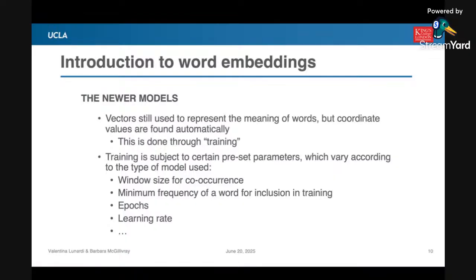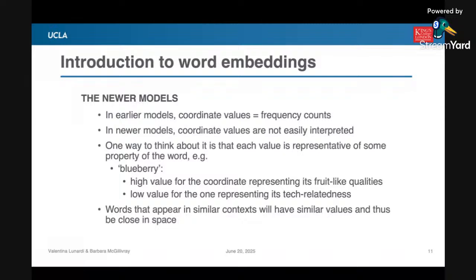So you might have window size for co-occurrence, the maximum frequency of a word for it to be included in training, how many times you want the model to go over the data, so that's epochs, and learning rate, and so on. While in these earlier models the coordinate values were very easy to interpret, essentially equivalent to frequency counts, these newer models don't make it so easy for us to interpret the coordinate values at all.